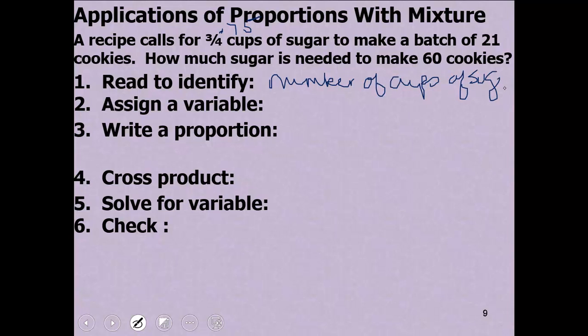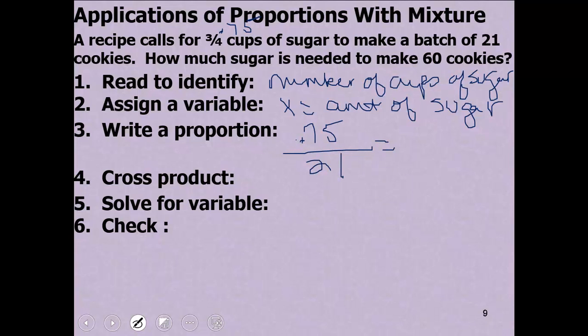Mrs. Pilger will appreciate this one. Assign a variable. Well, x is going to be the amount of sugar. Write a proportion. Well, I know that 3/4 cup, 0.75, gives me 21 cookies. So how many cups is going to give me 60 cookies? That's it. Now do cross multiplication.